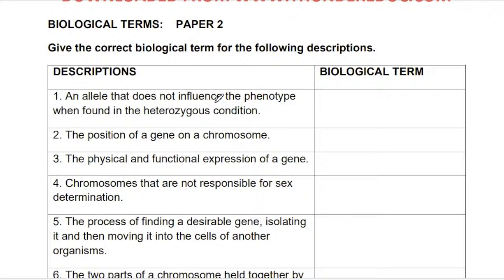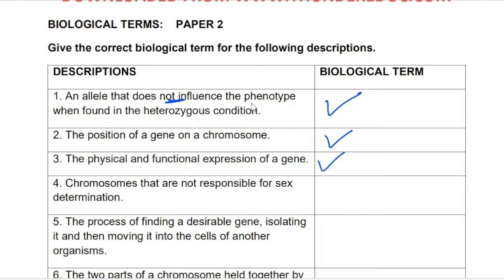The allele that does not influence the phenotype when found in heterozygous state. So this allele does not influence, which means it is a recessive allele. The position of a gene on a chromosome, we call it a locus. The physical and functional expression of a gene, we call it phenotype.